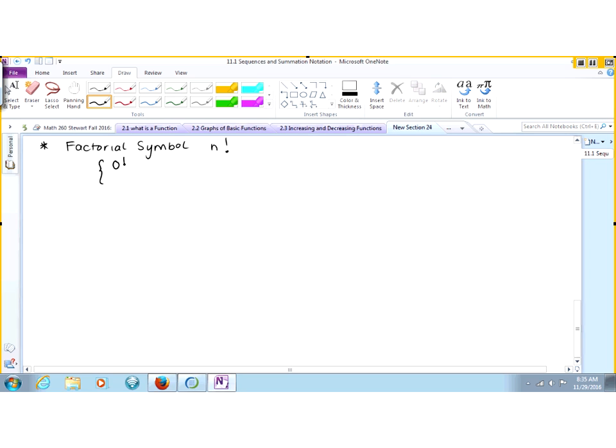0 factorial is defined as 1. 1 factorial is defined as 1. And then n factorial is equal to n times n minus 1 times n minus 2 times dot dot dot times 3 times 2 times 1.